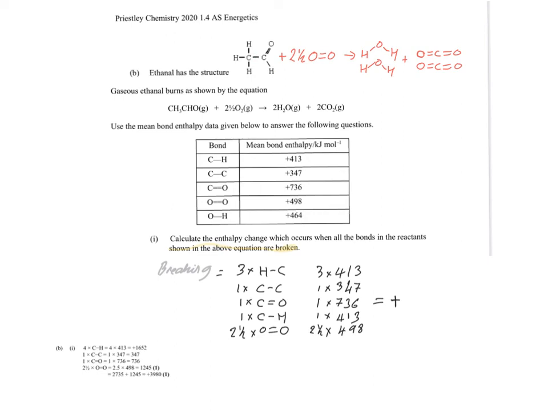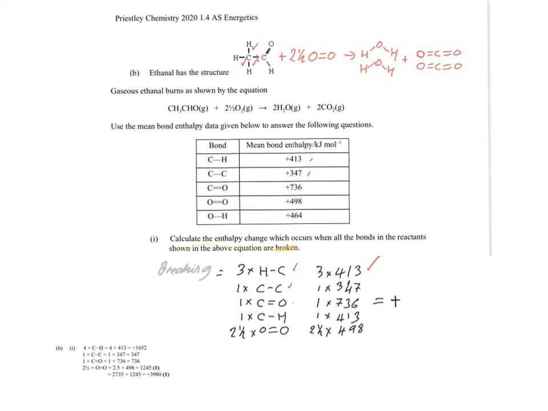that you do this. So here I've got 3 lots of carbon hydrogen bonds, 1, 2, 3. Look at the data, that's 3 times 413 kilojoules. I then go to my next bond, which is a carbon-carbon, and cross that off, and that's 1 lot of 347.